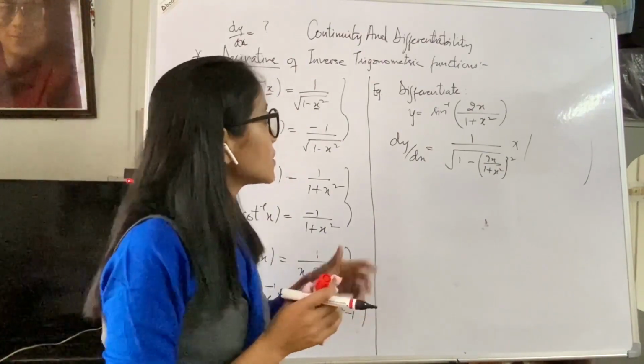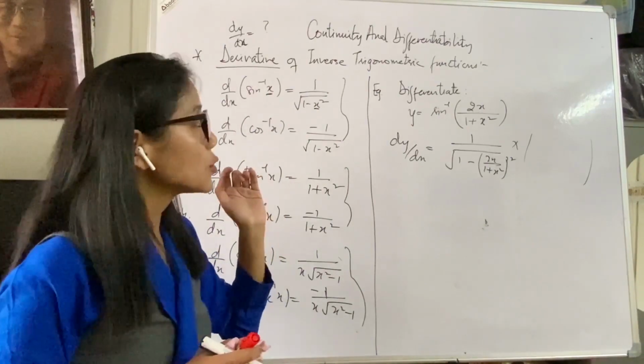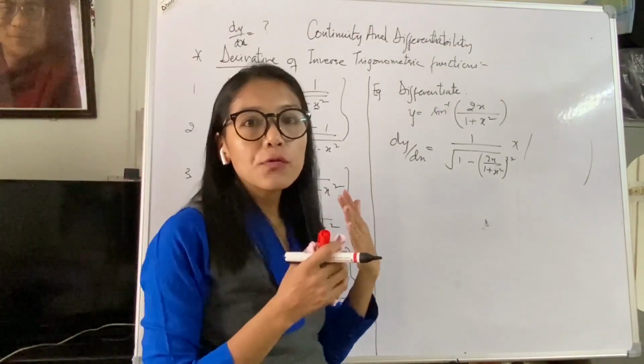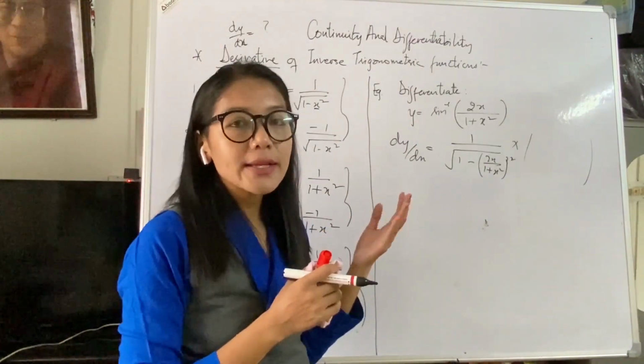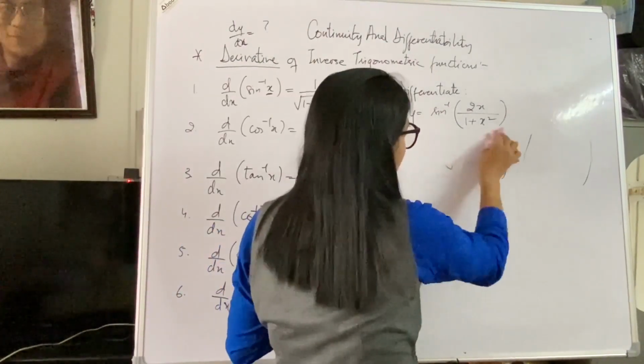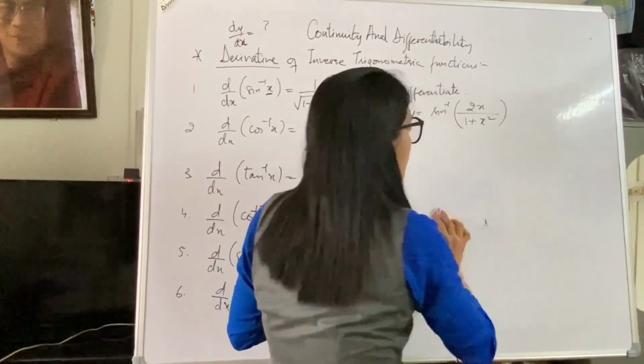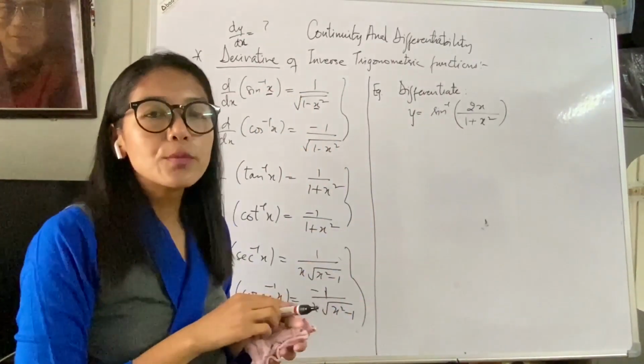So instead of directly applying the formula for the derivative of sine inverse of x, I will apply certain substitutions so that I can easily obtain the derivative. I will show you with this example. For that you should know all the trigonometric formulas.